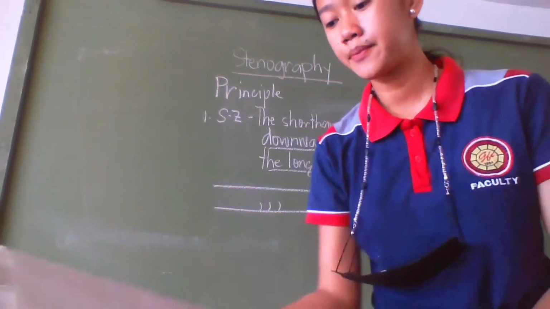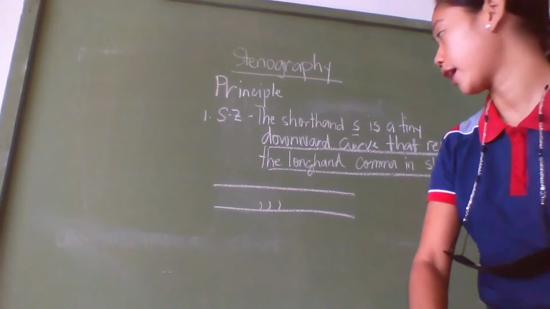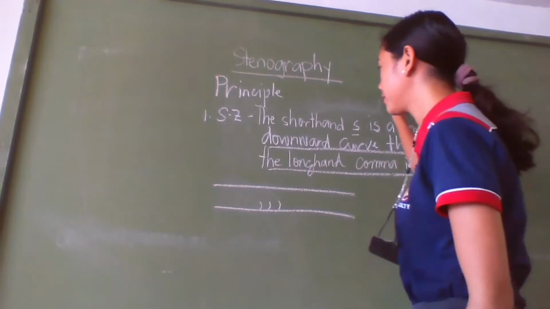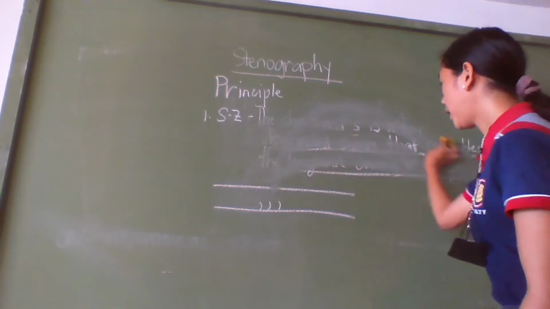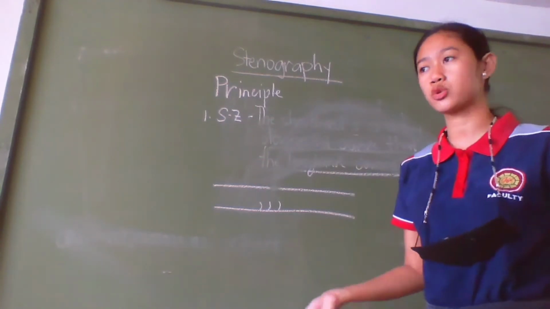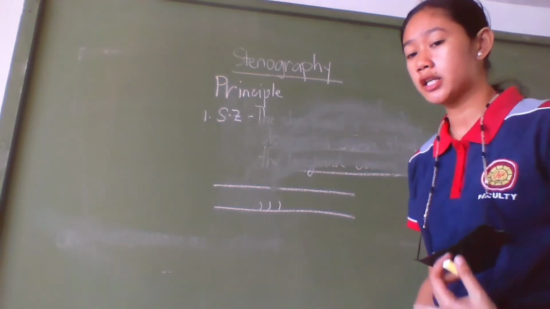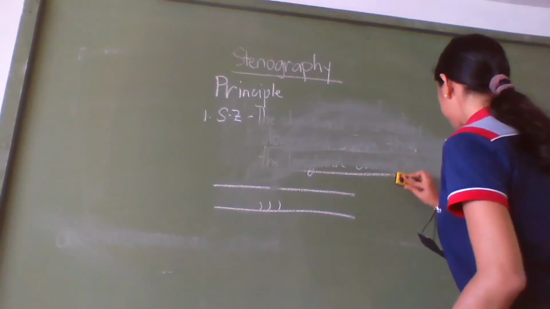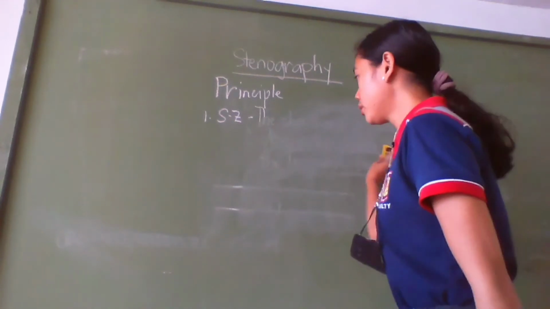Next is letter A. Okay. Letter A na naman tayo. Don't worry class ha. Ang isusulat ko lang dito is yung principle niya talaga. Hindi ko na isusulat yung buong sentence, kasi magte-take ng time tayo dito. Magsasend naman ako ng module, so don't worry.